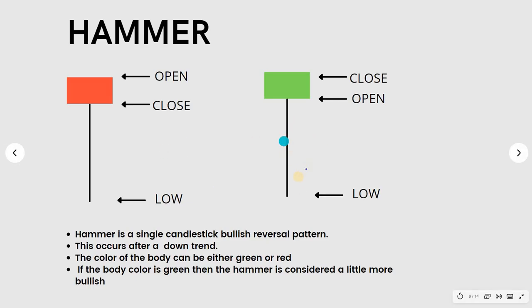The price is rejecting, and this conveys that there is rejection at this point. If you understand the hammer properly, you can find good hammer patterns at a support or resistance which convey that buyers are rejecting the price and taking it higher. I hope you are clear with the hammer as well. In the next slide we'll be moving to the next pattern.